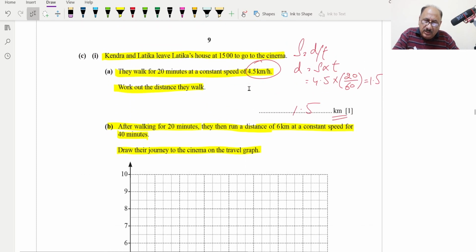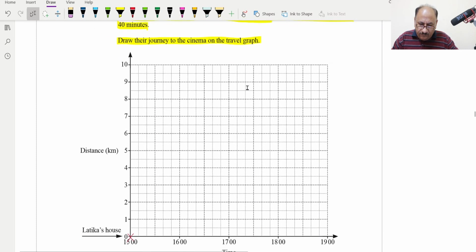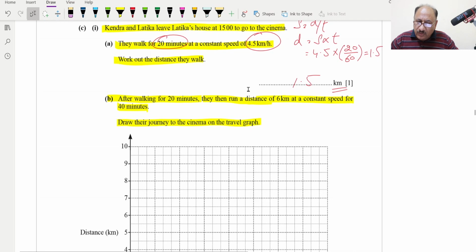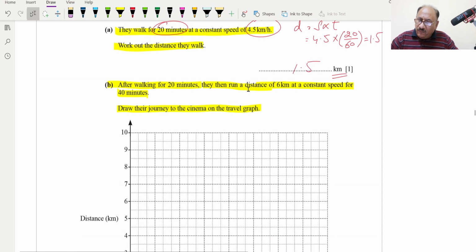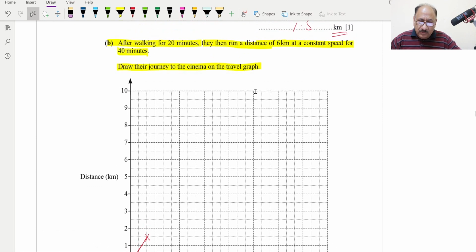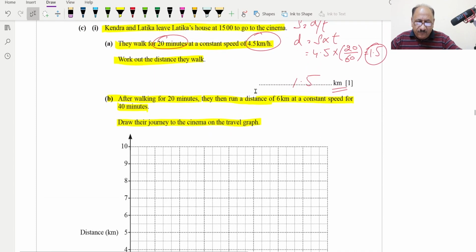The speed is 4.5 kilometers per hour, so 1.5 kilometers is covered in 20 minutes. 20 minutes is up to this point, so 1.5 up to here. So we can draw the first portion of the graph like this.